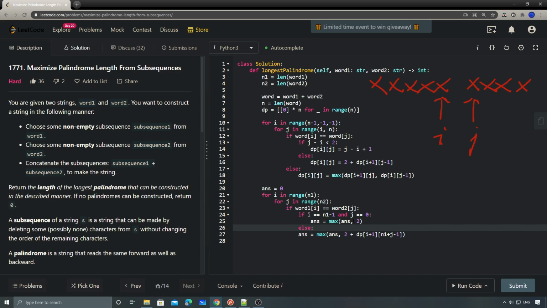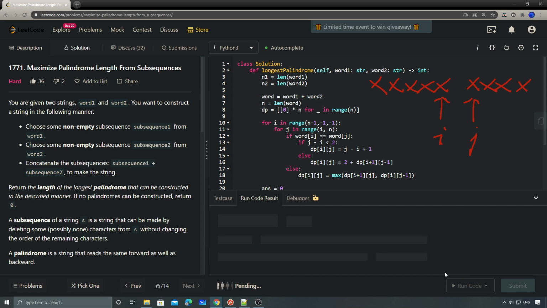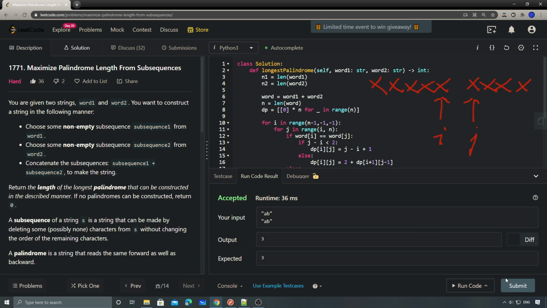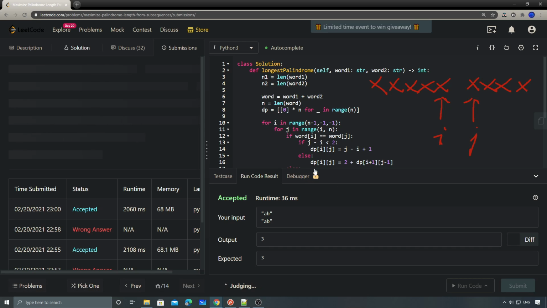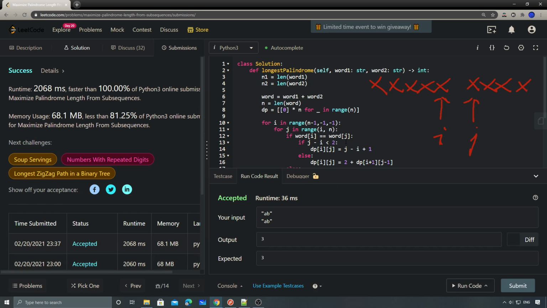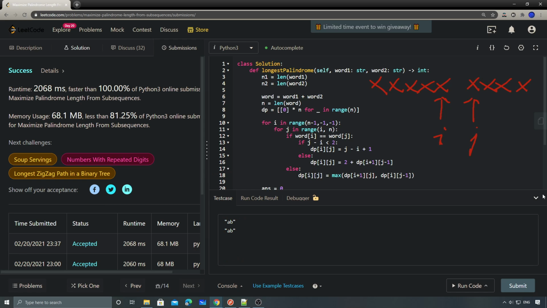Else we do this. So in the end, I can simply return the answer. Yeah, I think that's it. If I run the code, accept it. Yeah, so it passed.